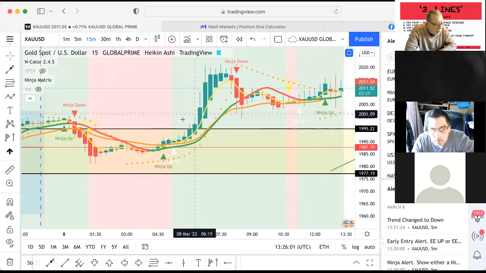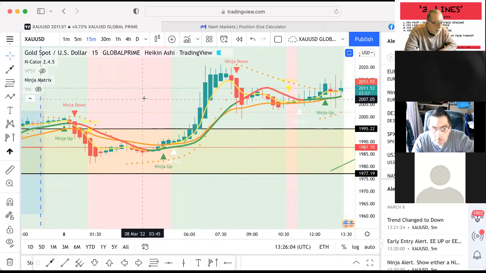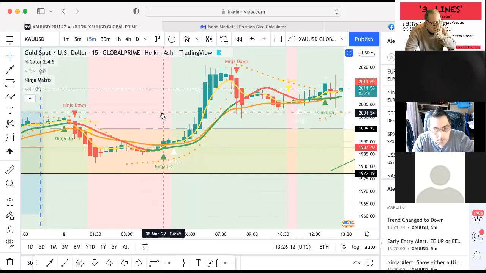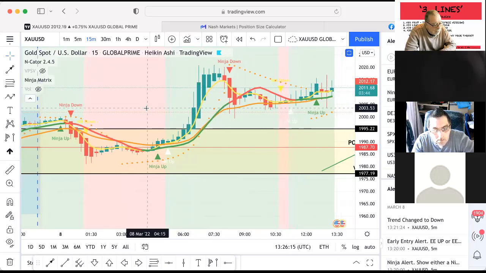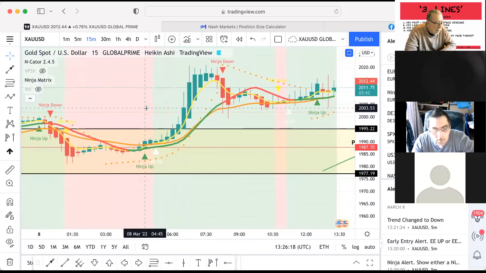I'll just try and answer the question about when do you move your stop loss to break even. It's a bit of a subjective thing, really. I tend to work on the number of pips.